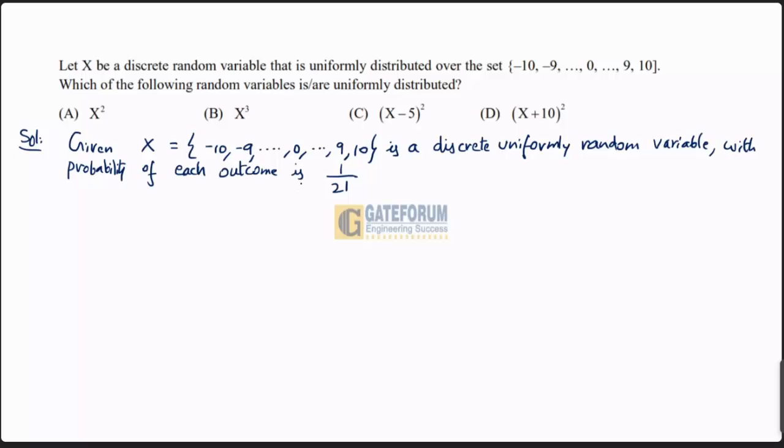Total elements in the random variable X is 21. Nothing is repeated. If each outcome has the same probability, that random variable is a discrete uniformly random variable. Uniform means each outcome has the same probability.